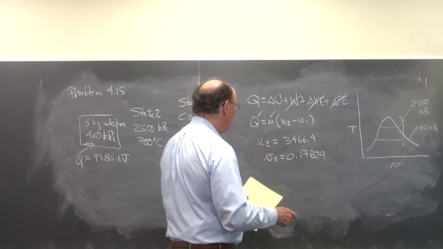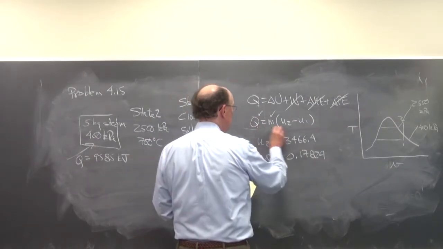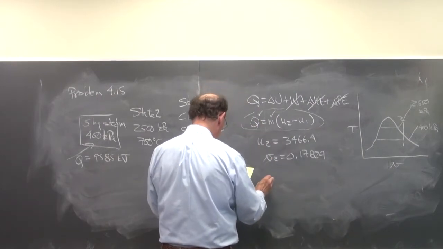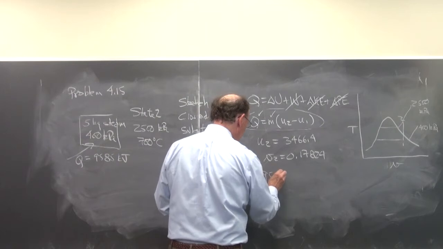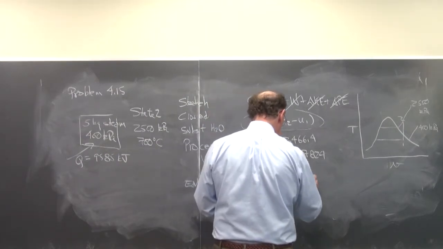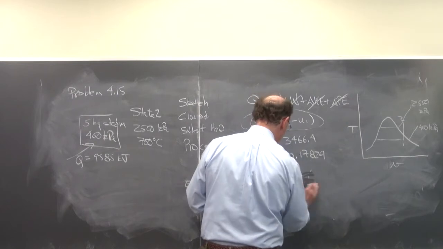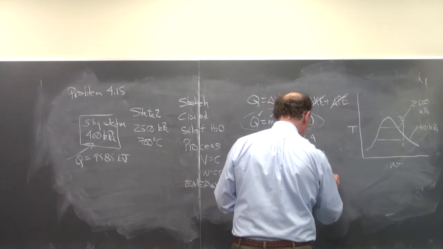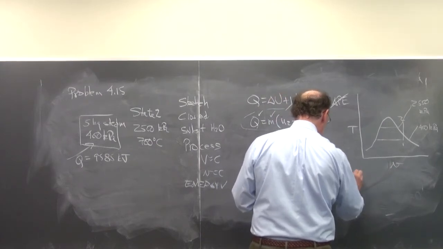So now I could solve this equation for U1 if I wish. So I could have here 9585 is equal to M times, well, it's 5, I know what that is. Mass is 5 times 3466.4 minus U1.